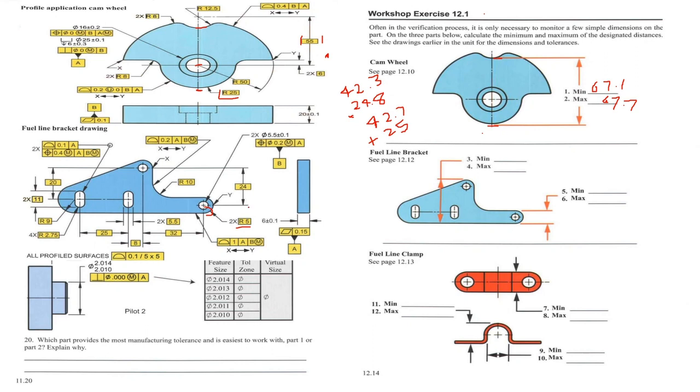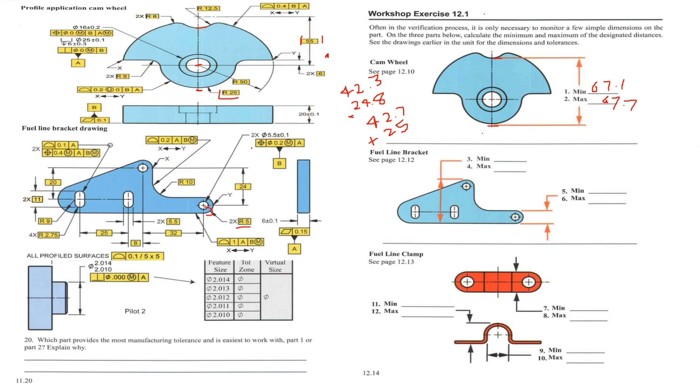So 5 plus 5 plus 24. So 29 is the basic size, and we have a profile tolerance given here, which is 0.2 with the maximum material boundary, datum B.